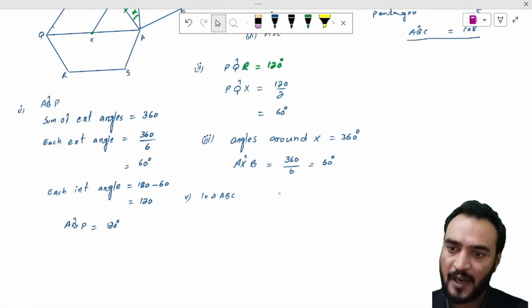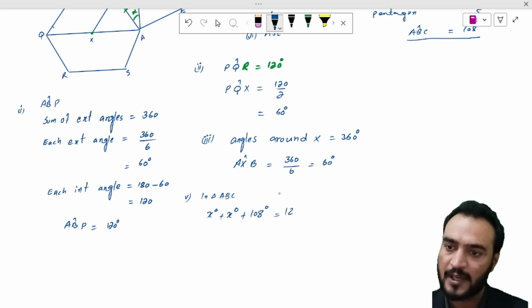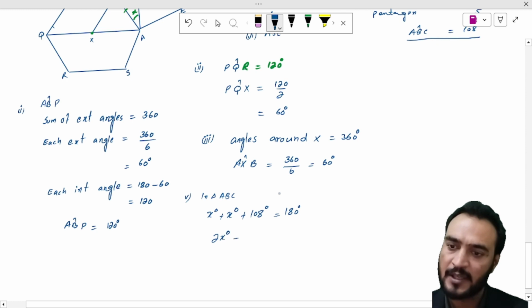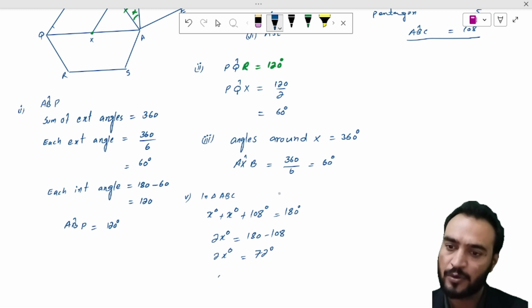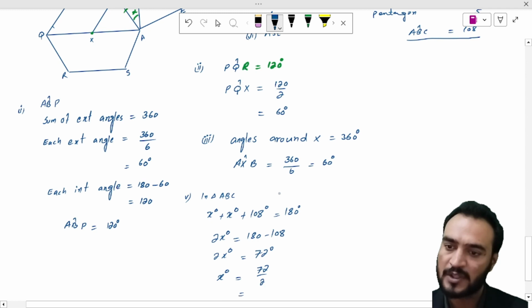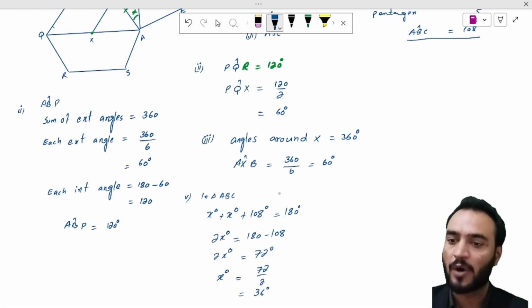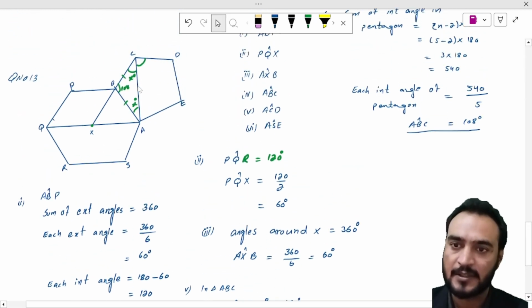So in triangle ABC, x degrees plus x degrees plus 108 degrees equals 180 degrees because the sum of interior angles of a triangle is 180 degrees. Adding them, 2x degrees, and subtracting 108 from 180, we get 2x degrees equals 72 degrees. Dividing it by 2, x degrees is 72 over 2, which is equal to 36 degrees. So the value of x now is 36 degrees.